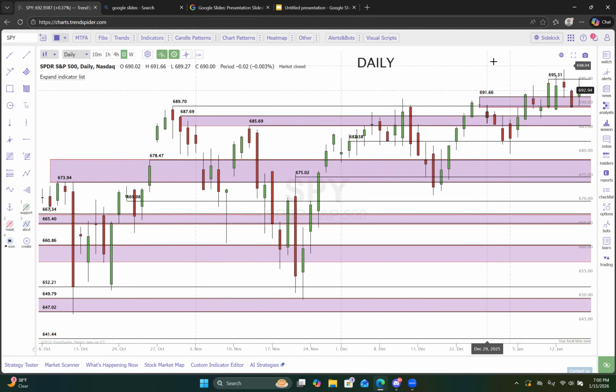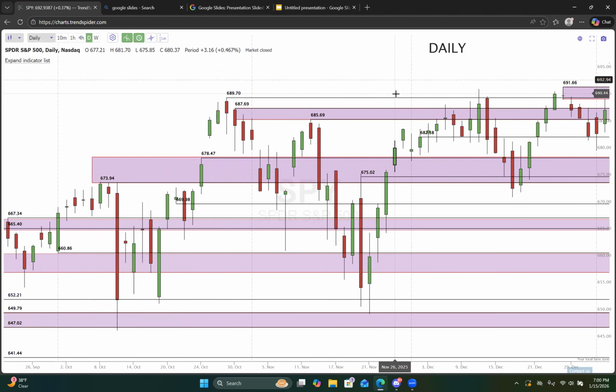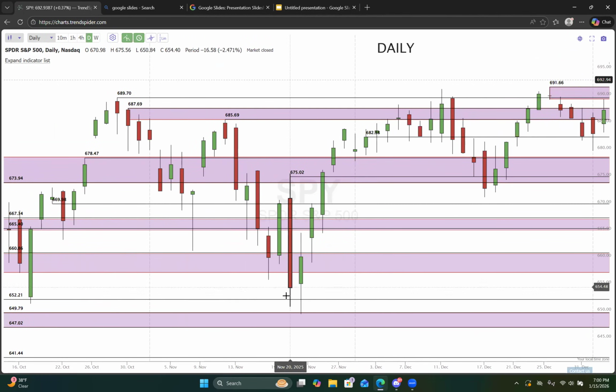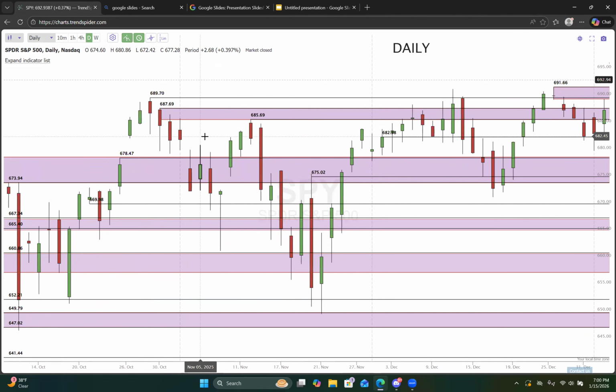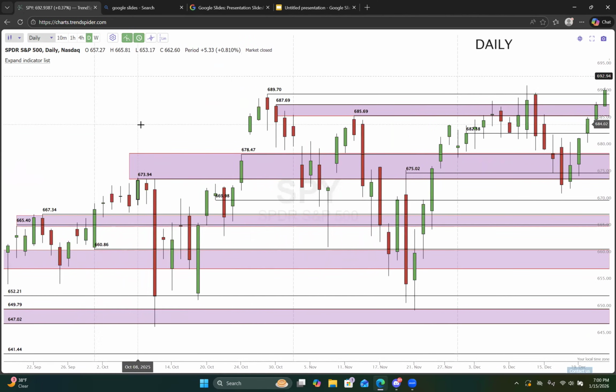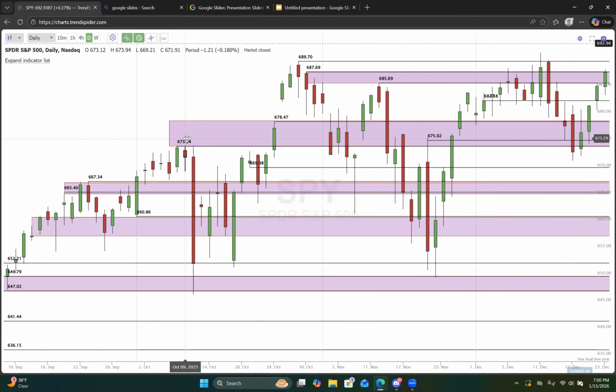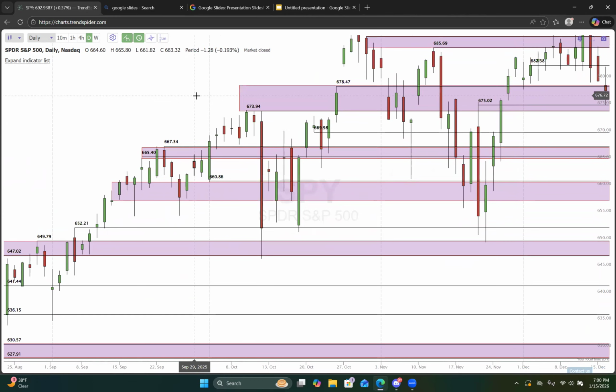So take these off, make it a little simpler for you guys. Look at this daily. Bearish engulfing, push higher. It seems like for this past year, and I think we have another one. This is pretty much a bearish engulfing, pushed higher.